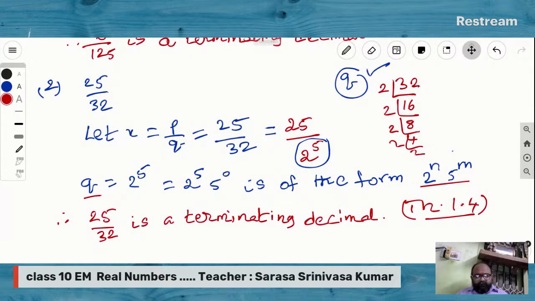If the given number is taken as x equal to p by q, then q equal to 2 power 5, which we can write as 2 power 5, 5 power 0. Therefore, the denominator q is of the form 2 power n 5 power m. Then by theorem 1.4, we can conclude that the given number x equal to p by q, that is 25 by 32, is a terminating decimal.